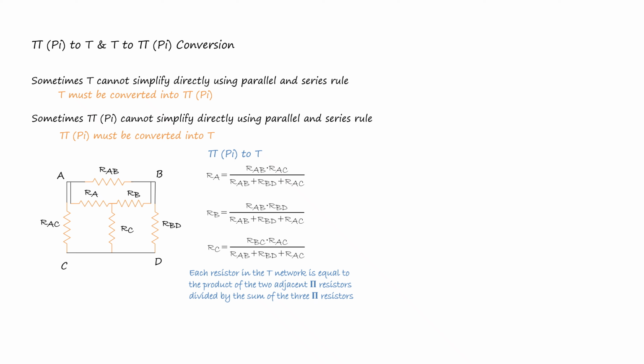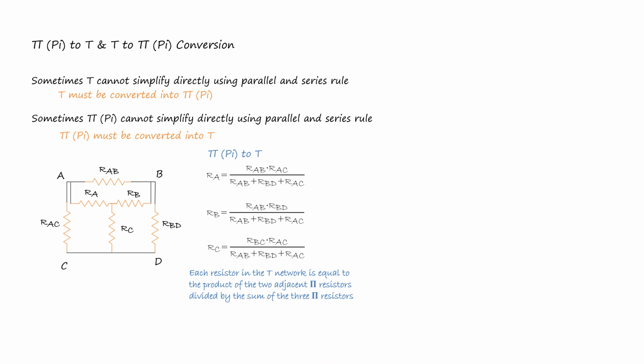Each resistor in T is equal to the product of two adjacent resistors.